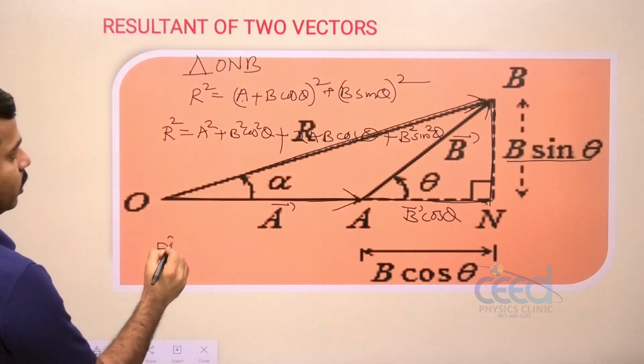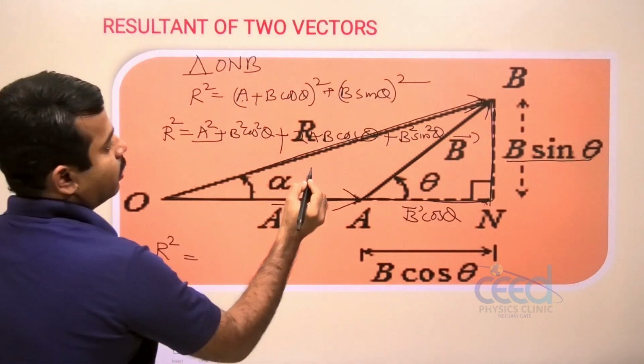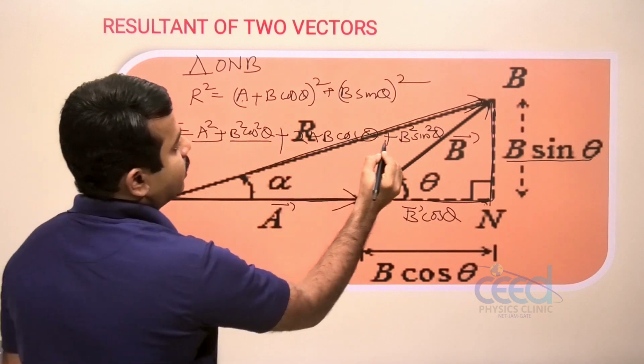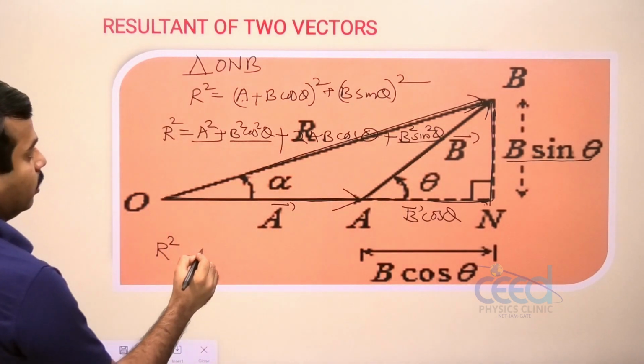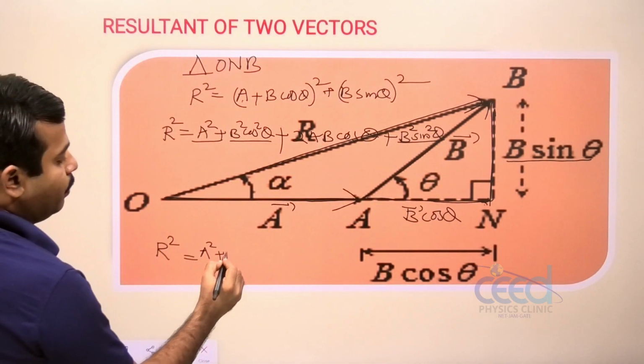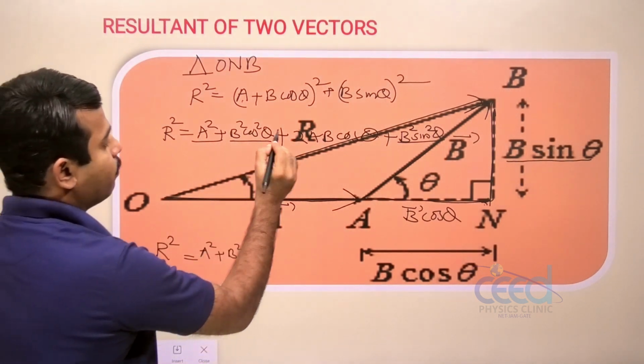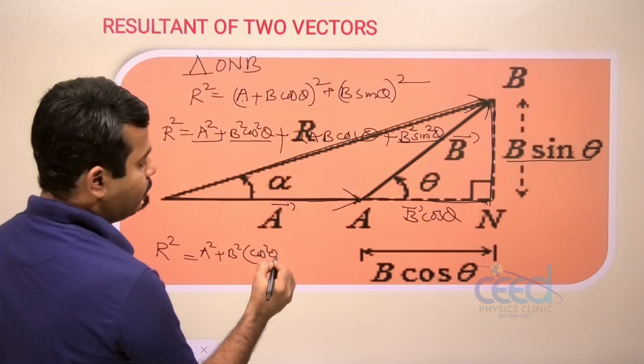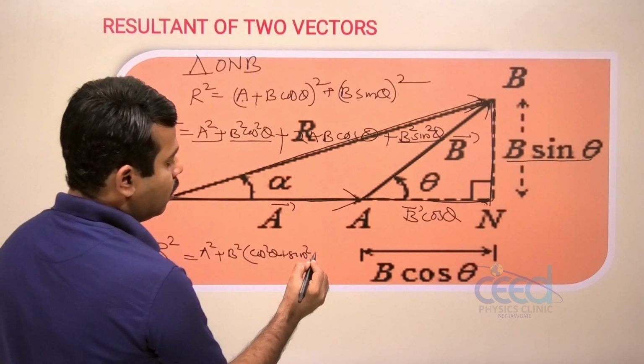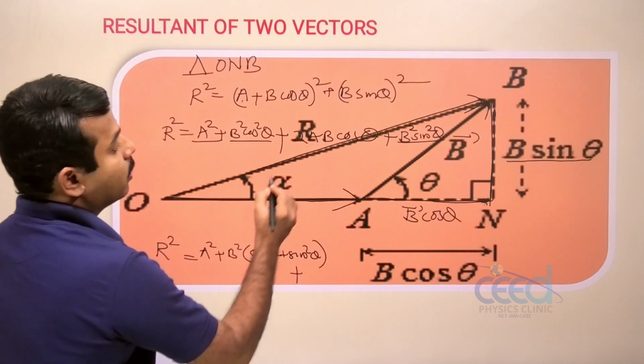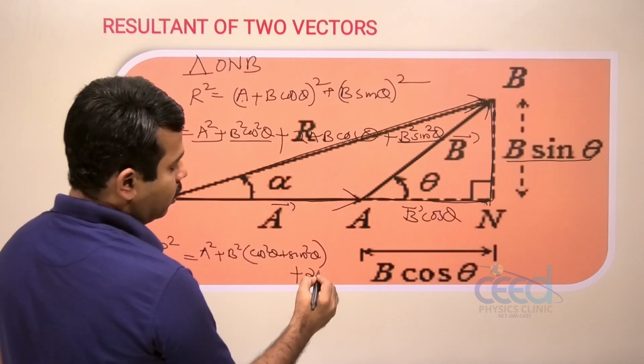Now I can take out B square from B square cos square theta and B square sin square theta. What is remaining? Cos square theta plus sin square theta, which is 1, plus 2AB cos theta.